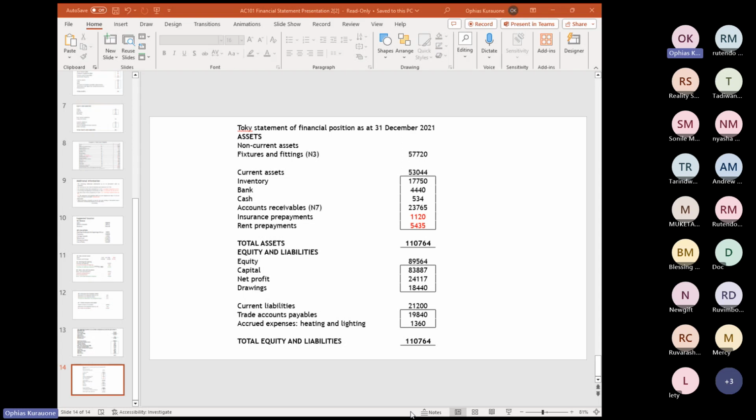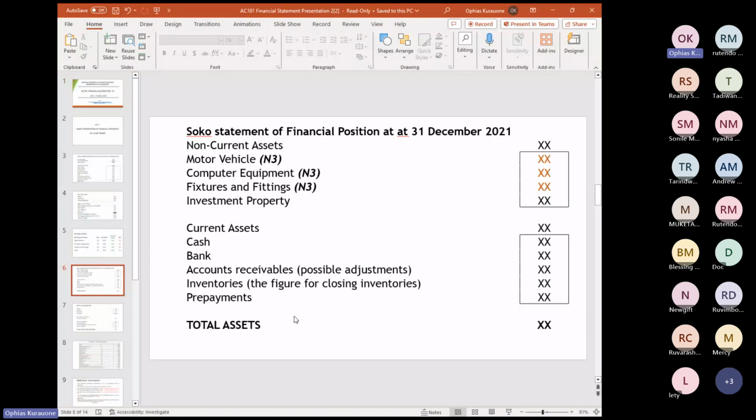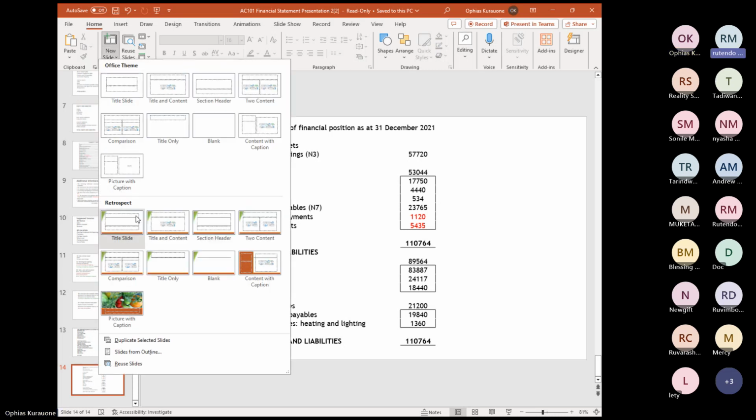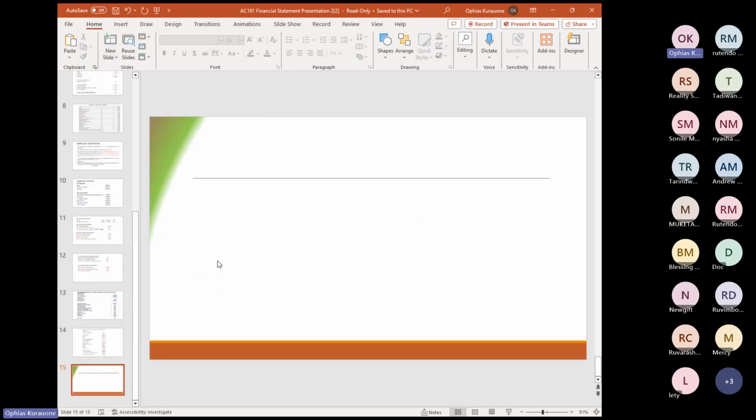Then I want us to look at some of the keywords here, which are very important when you're preparing financial statements. That is our last one here. We want to look at the issue of the fundamentals.